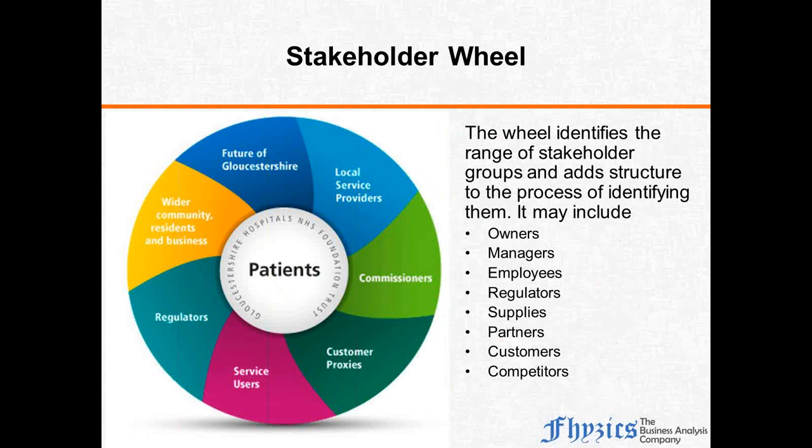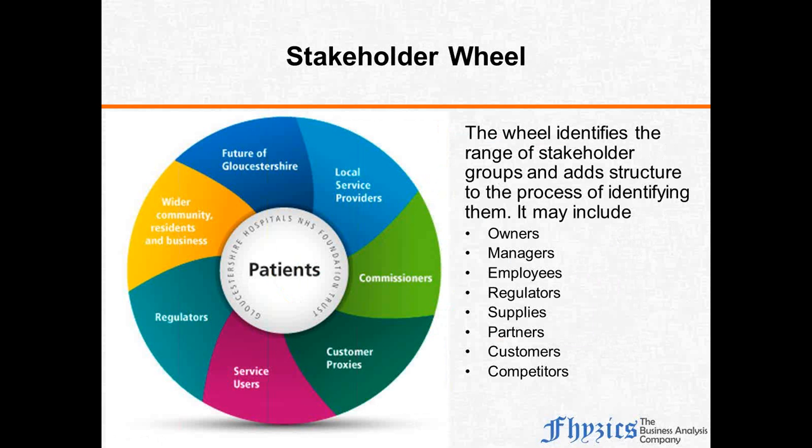Whenever a service is designed for patients, the National Health Service asks the service providers, the different hospitals, that whenever you design a treatment or a service for your patients, you have to think about all these different stakeholders in this particular wheel. Some of them I'm reading: local service providers, regulators, service users, etc.